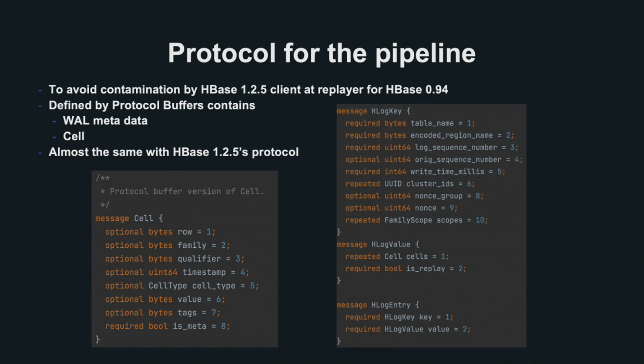The data structures that were defined are WAL metadata information, WAL entries and HLOG keys. In addition to that, a data structure called cell, which shows the changes to HBase, is defined. These data structures are similar to the protocol used in 1.2.5.